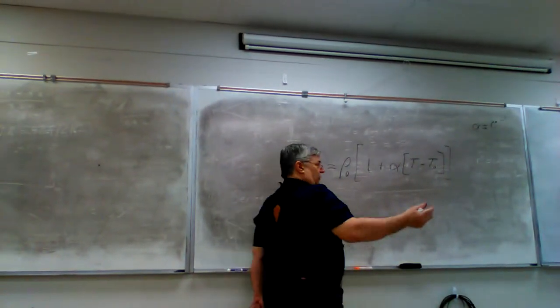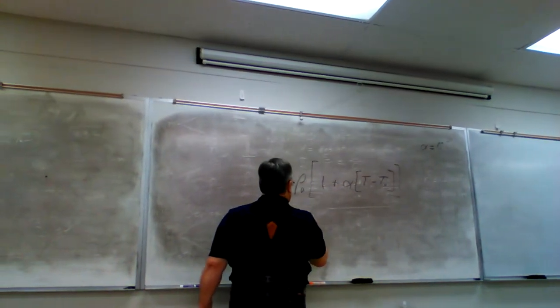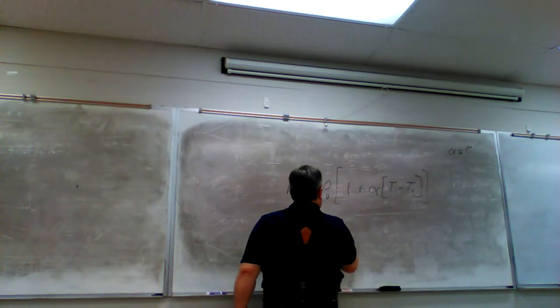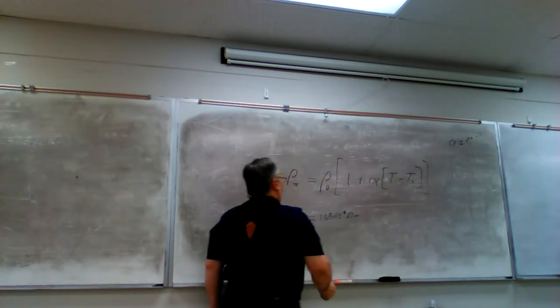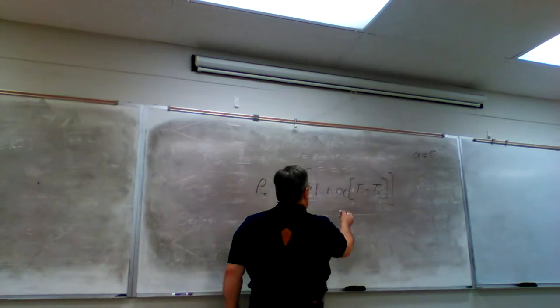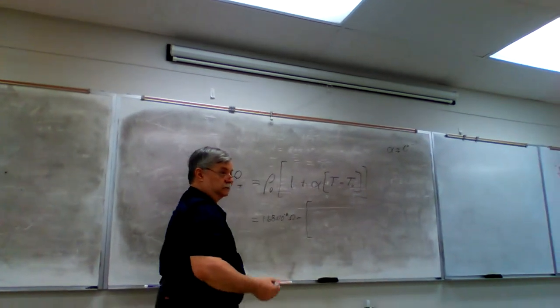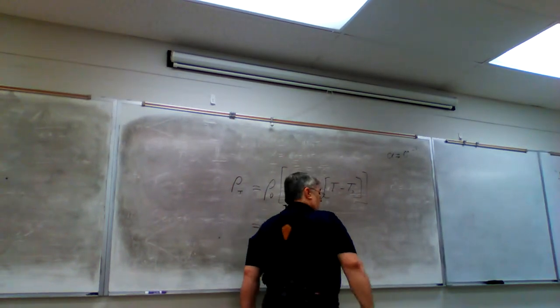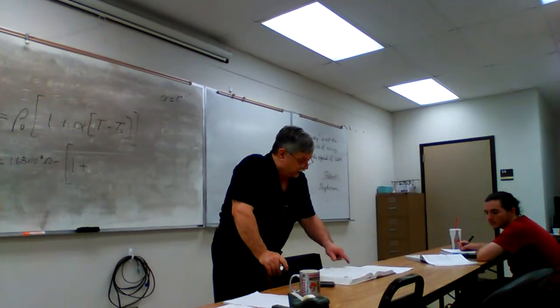We were talking about a copper wire, so rho sub naught for copper was how much? Okay, that's our rho sub naught. That's at 20 degrees C. Now what is the temperature coefficient alpha for copper?